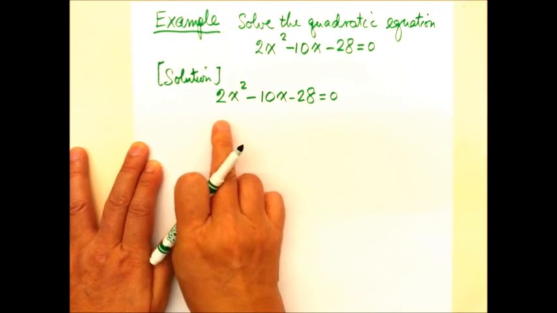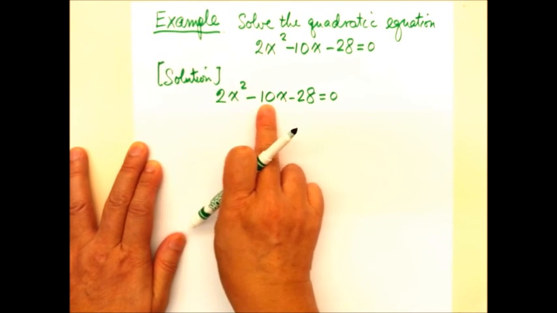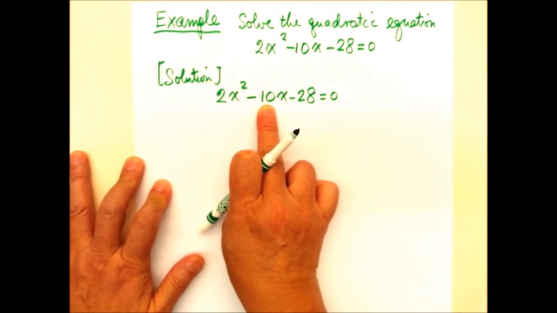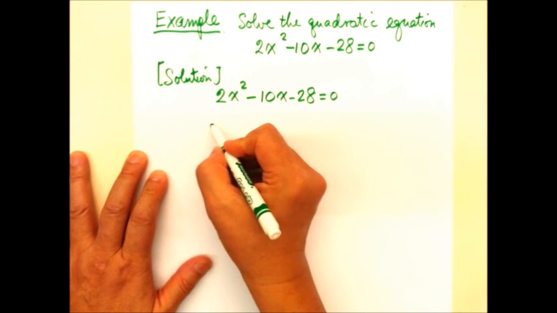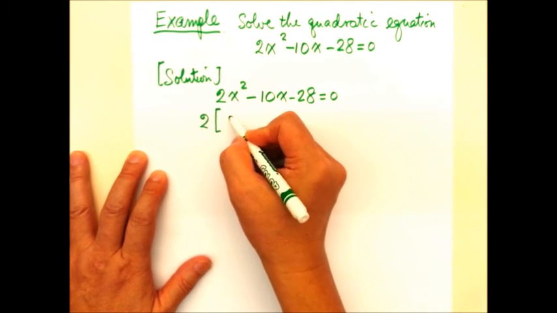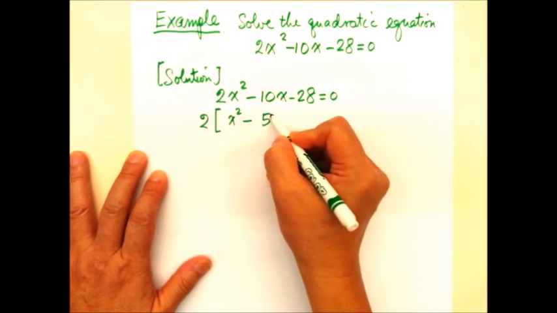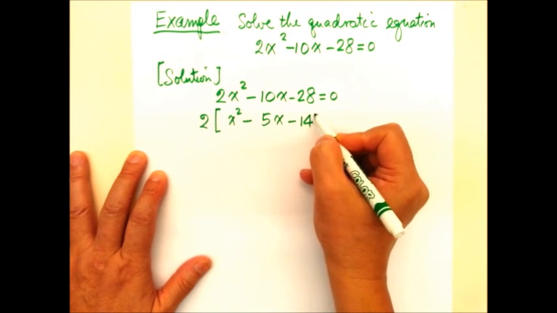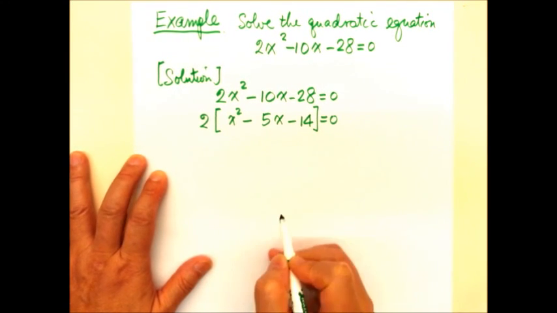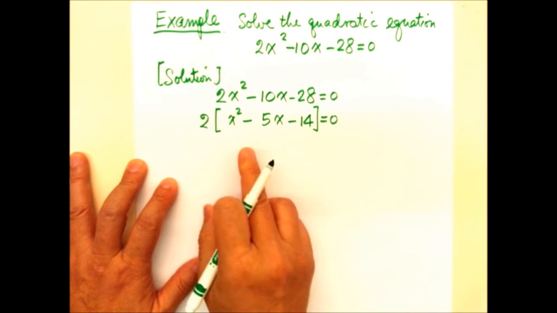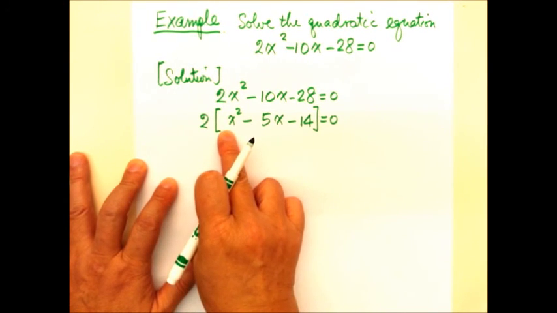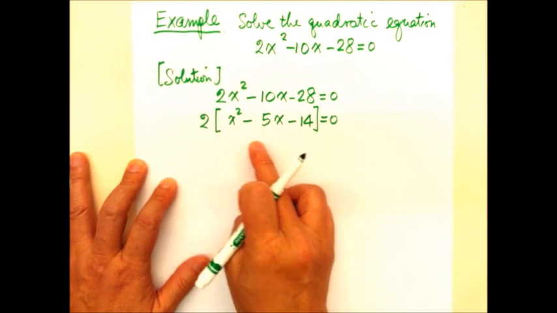First of all, you can see that all the coefficients are even numbers. So we just take out the 2. Right? And then we want to make this quadratic form into 2 brackets.